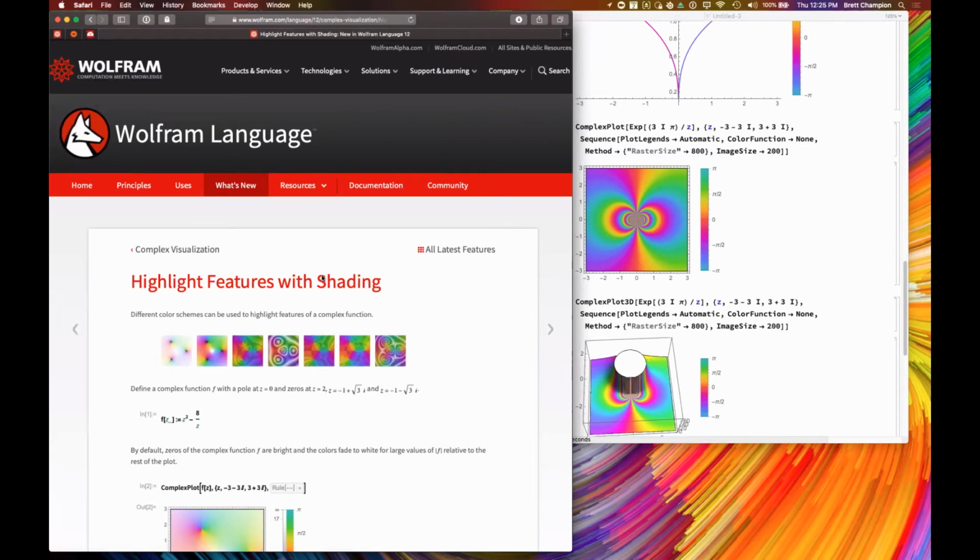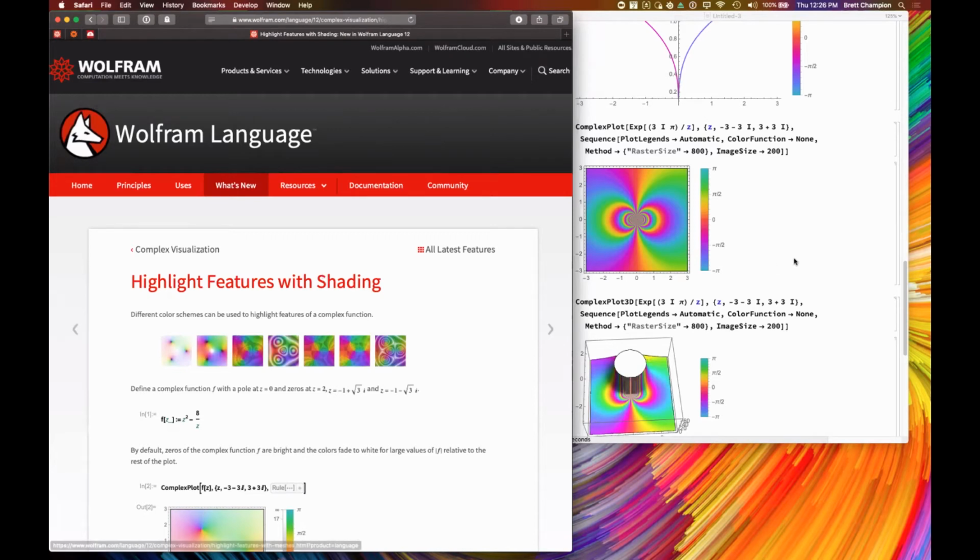So, as I was saying, by default for complex plots, as the magnitude of the function gets larger, it fades out to white at infinity. And there's actually a lot of flexibility in that, in terms of what shading we use for the height or even for some of the other properties of the function.